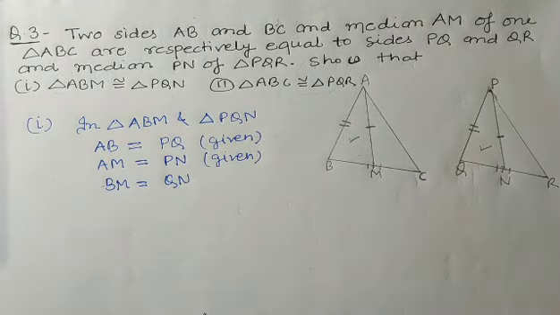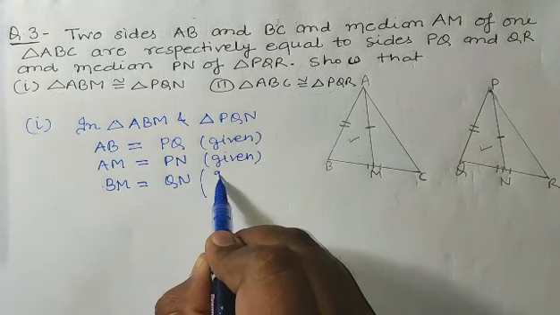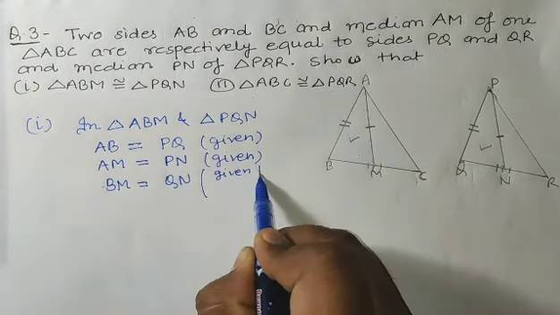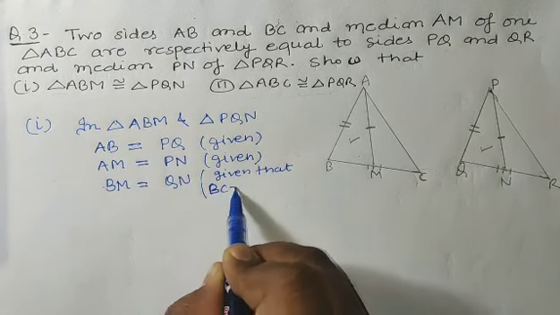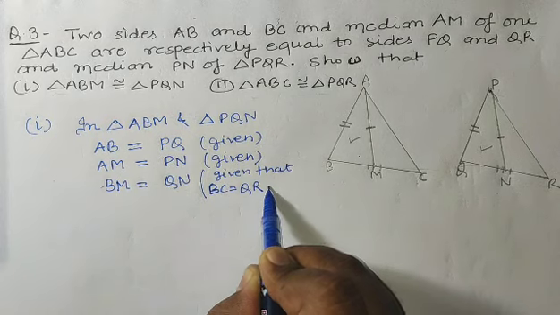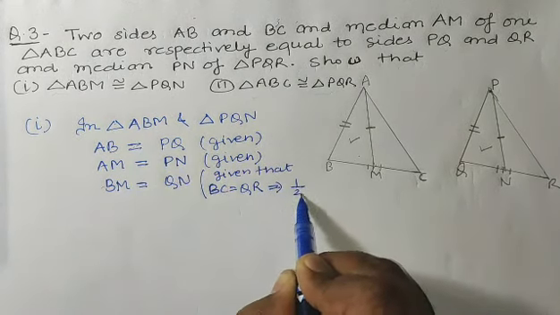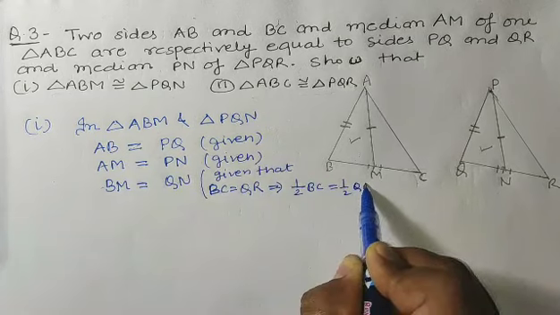How can we say it directly? Because students, it is given that BC is equal to QR. So if BC is equal to QR, then it will imply that half of BC is equal to half of QR.